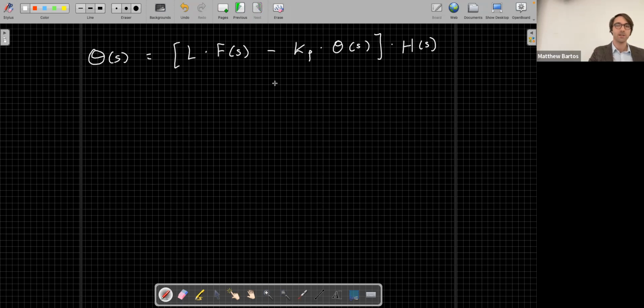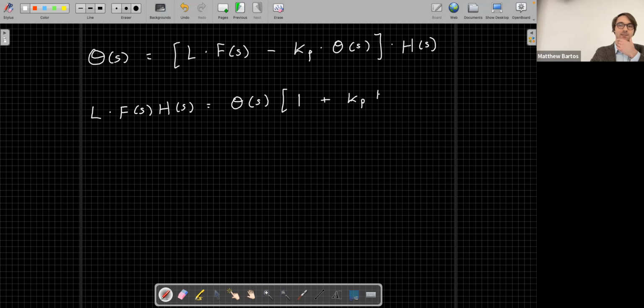So let's go ahead and rearrange this. We want to isolate theta of s over our input, L times F of s. If we just manipulate this, we get L times F of s times H of s is equal to theta of s times quantity 1 plus Kp times H of s.